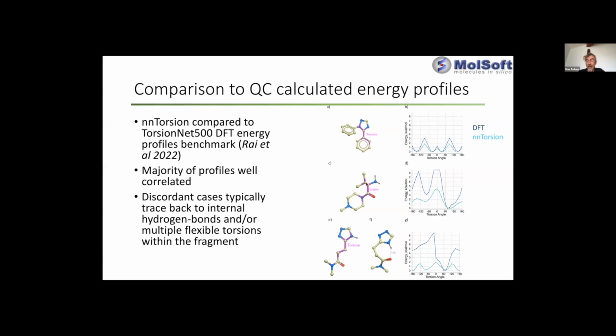For example, if there are some hydrogen bonds potentially forming, then the molecule at some point would experience this sort of collapse, where a hydrogen bond suddenly forms during minimization, and then the profile calculated by DFT has this weird behavior, which is probably not very meaningful or useful practically. So I think our profile is actually better in a way than what DFT generates here.